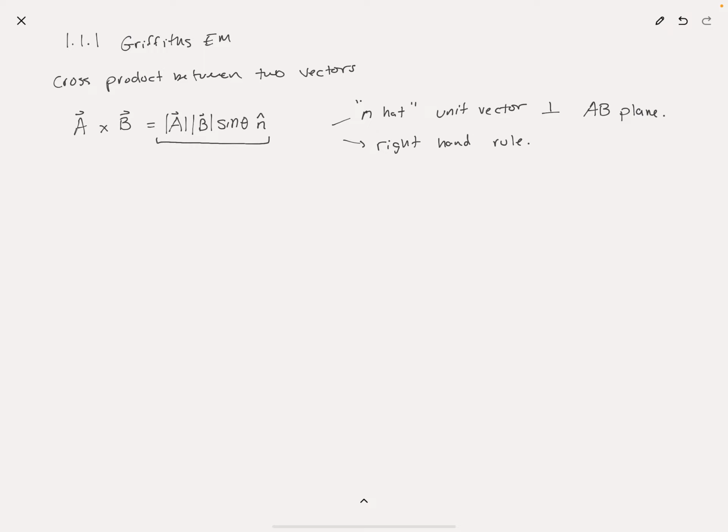So if I have a vector A and some vector B that are both in the plane of this page or of your screen or however you're viewing this, they're separated by some angle theta, and I do the right hand rule, I see that n hat is going to be pointed into the page, right? A cross B, my thumb points into the page.